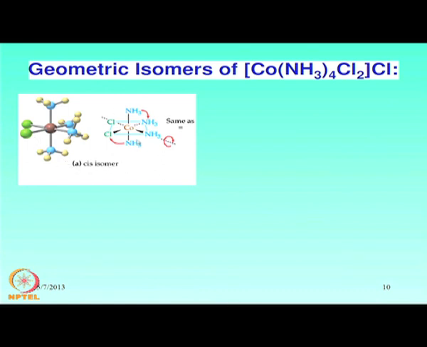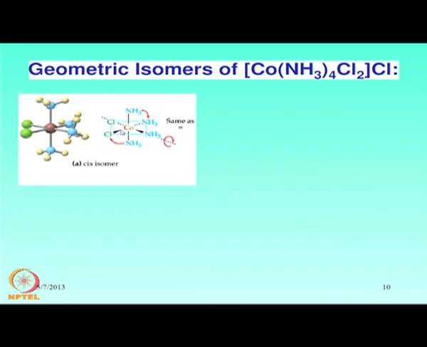Now we see that this particular cis isomer is a little bit different from the square planar arrangement, where we consider this particular square plane, where by definition for the platinum compound, the chlorine metal chlorine bond should be 90 degrees.